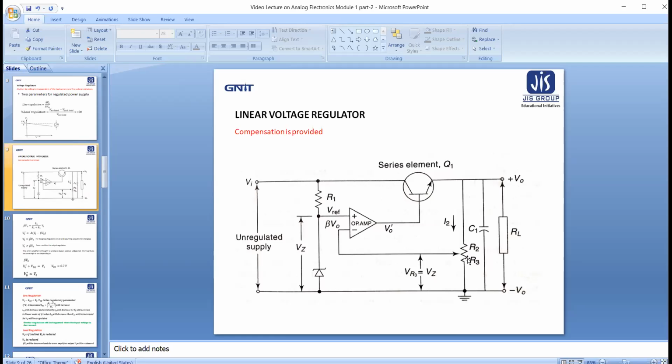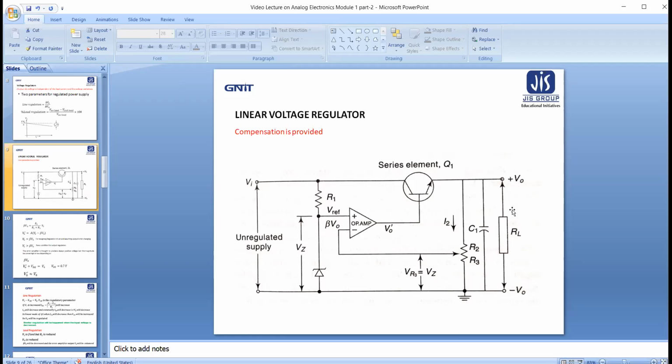There are no fluctuations of the output. The op-amp is only used to stabilize the fluctuations of the output. So if the op-amp output is 0, there is no functionality of this op-amp, and in that case, whatever the output voltage is, it is the set value.